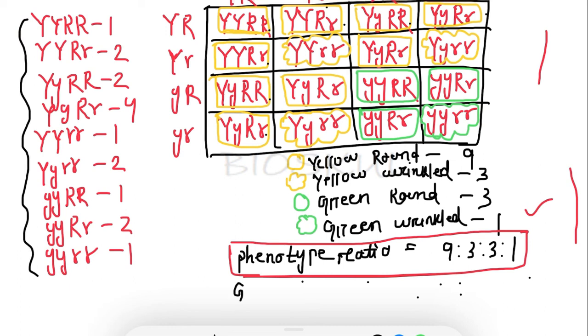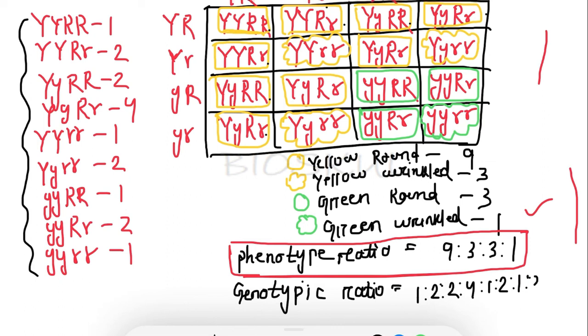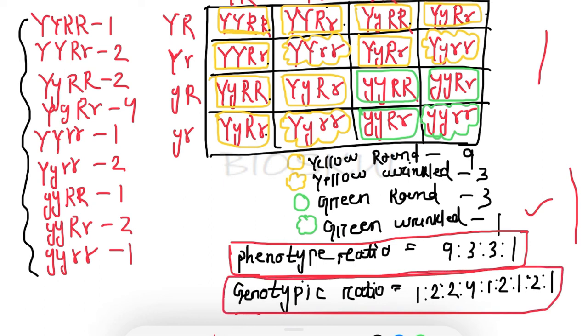Let me write down the genotypic ratio for the dihybrid cross. It is 1:2:2:4:1:2:1:2:1. So this is the genotypic ratio for the dihybrid cross.